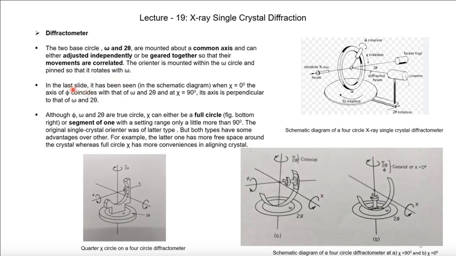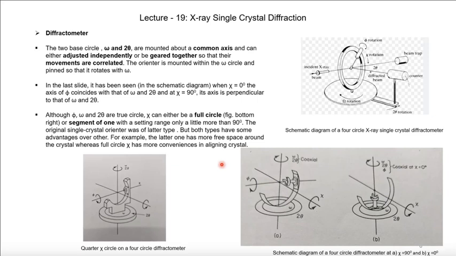Okay, when we rotate this, at chi at 0 degree, you see that omega, 2 theta, and phi are coaxial. When chi is 90 degree, we see that omega and 2 theta are coaxial.